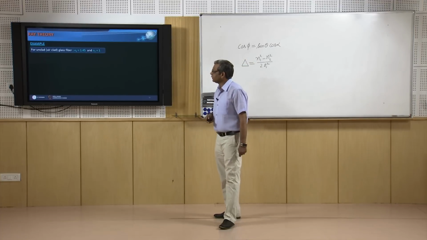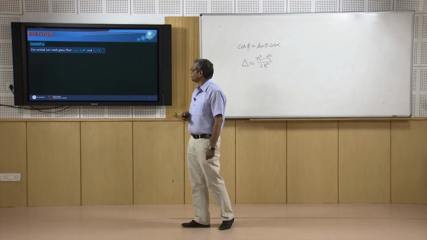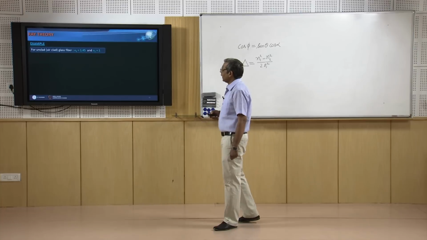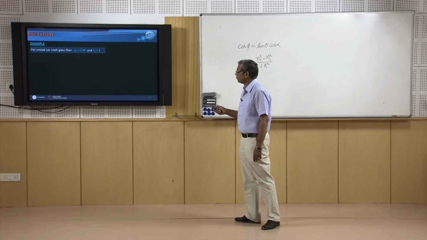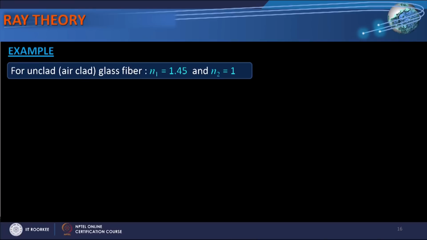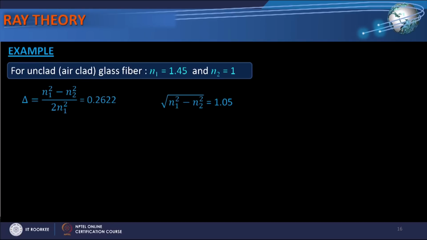If I consider an unclad fiber, then n1 is equal to 1.45 and n2 is 1, which is basically air, then delta is 0.26 and square root of n1 square minus n2 square is equal to 1.05, which means NA should be equal to 1.